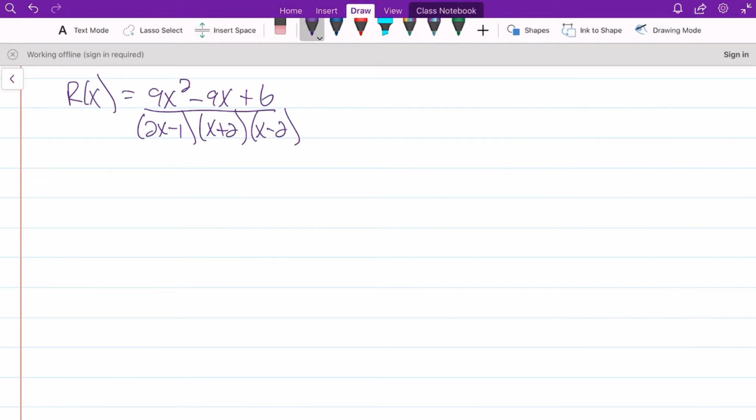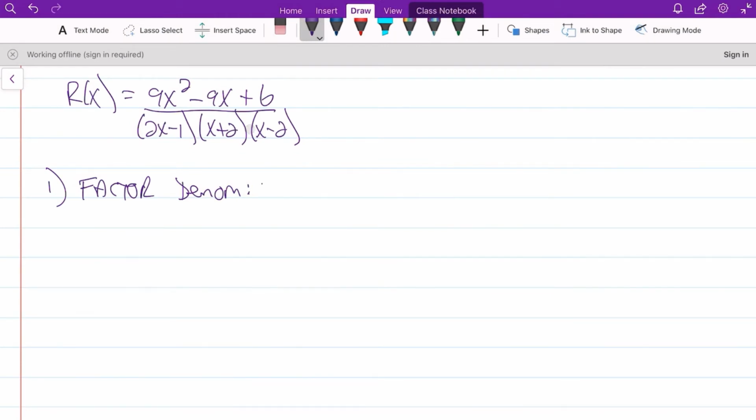All right, so the first thing you're going to do when you do these, you're going to see me do this in the next video. The first thing you want to do is factor your denominator as completely as possible. You don't really care about the numerator in this case because we're creating the numerator. Your denominator is where it's at. That's where you want to make sure everything is factored completely.